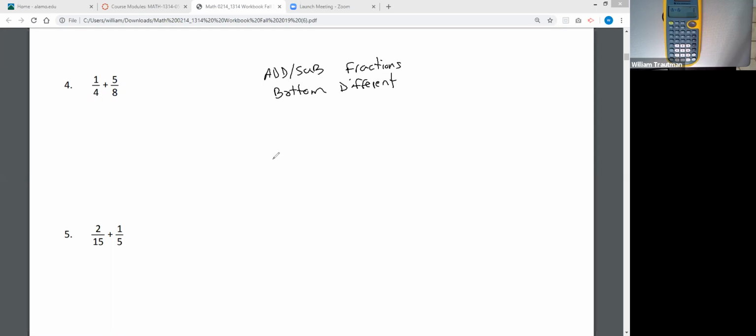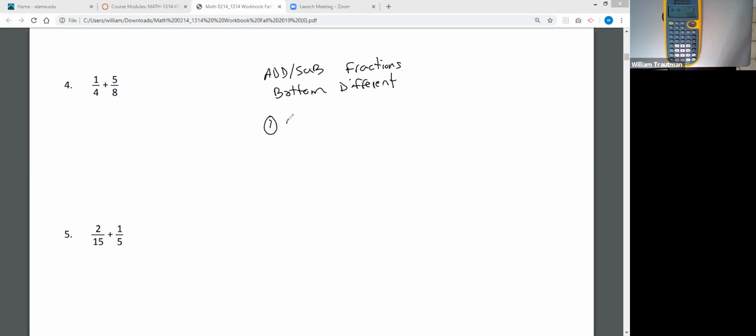Now, there's some really crazy steps, you know, find the common denominator that we all learned in middle school or before. But I like this cross multiply way that I have.